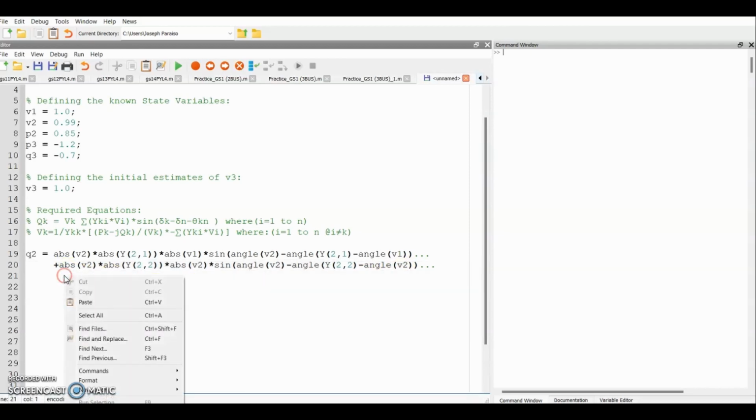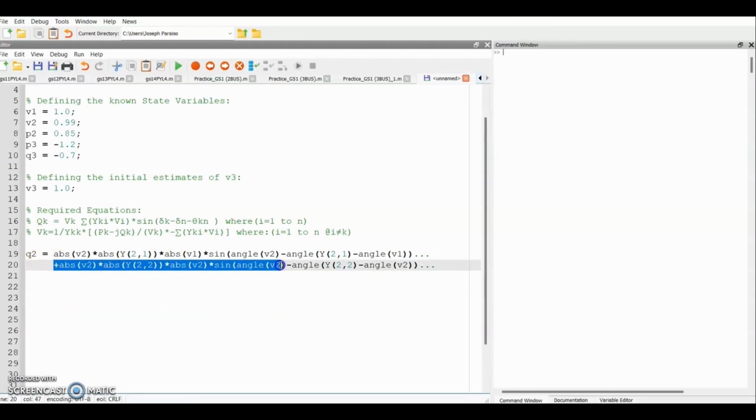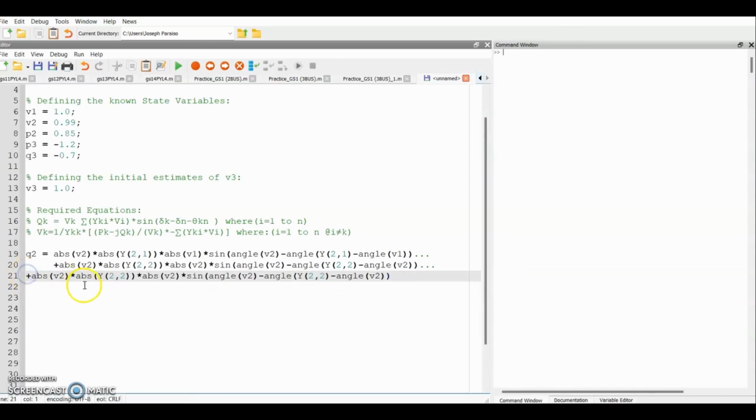We need another copy. The absolute B2 Y23 B3 times sine of angle E2 minus angle Y23 minus angle E3, close parenthesis.